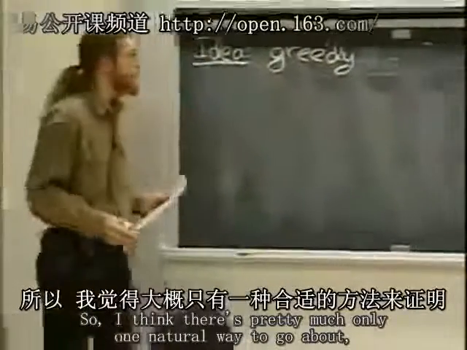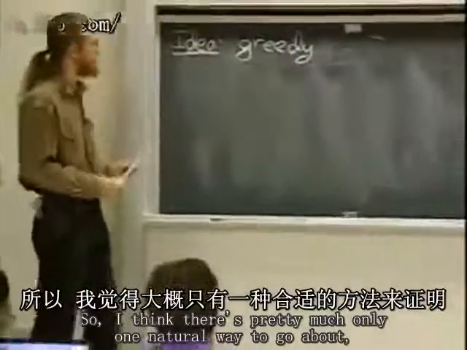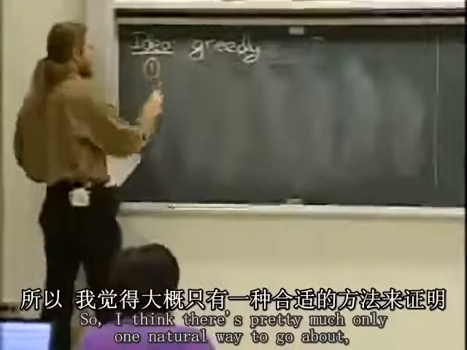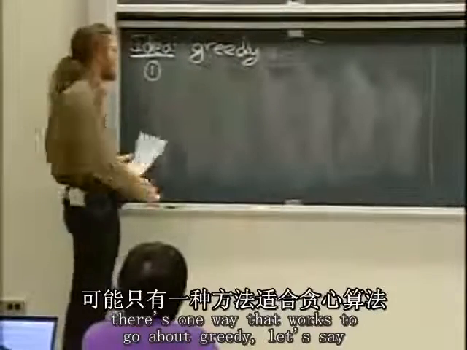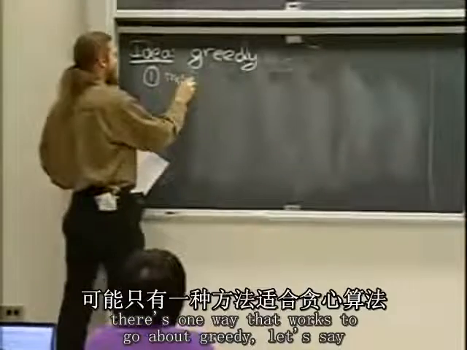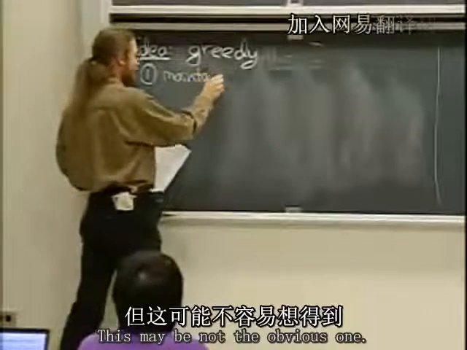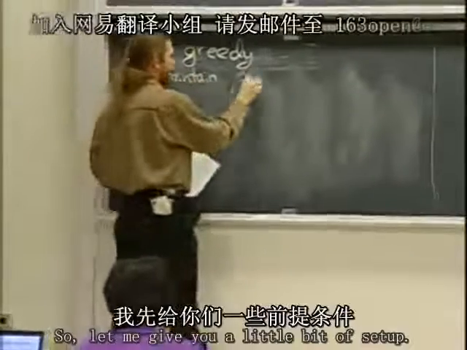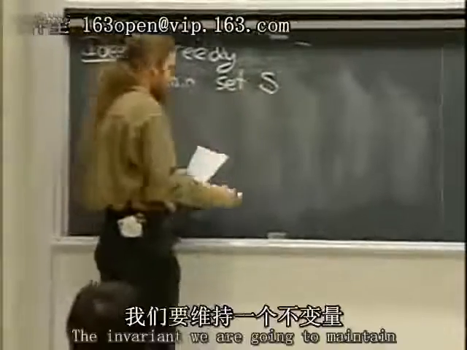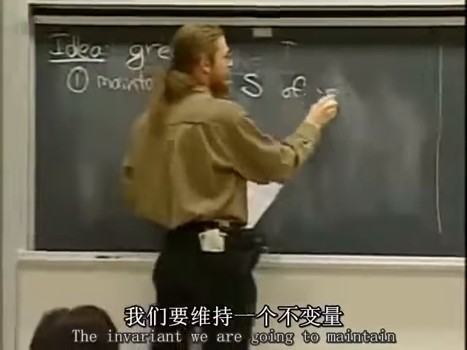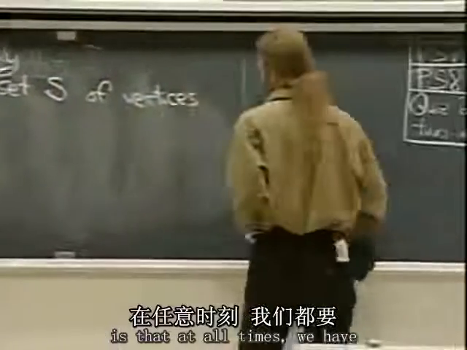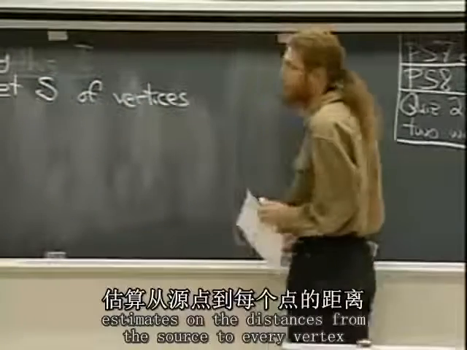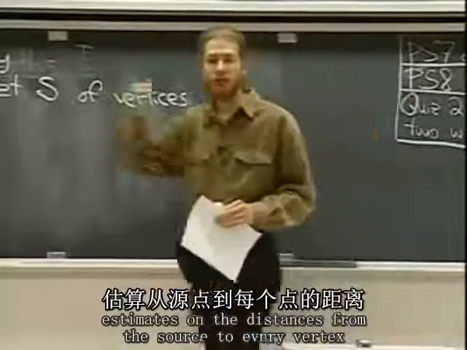So I think there's pretty much only one natural way to go about greedy, well, there's one way that works, let's say. It's maybe not the obvious one. So let me give you a little bit of setup. The invariant we're going to maintain is that at all times we have estimates on the distances from the source to every vertex.